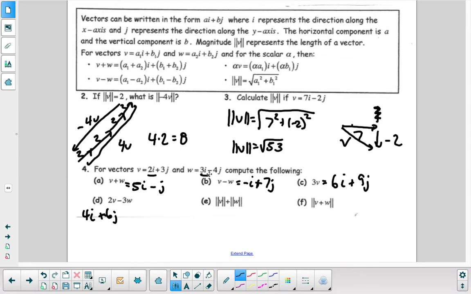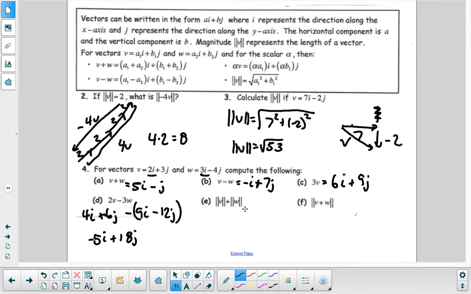I'm going to do 3 of these and subtract. So 3 times 3 is 9i. Negative 4 times 3 is negative 12j. We're subtracting that. 4i minus 9i is negative 5i. 6 minus negative 12 is 18. So 2v minus 3w is negative 5i plus 18j.